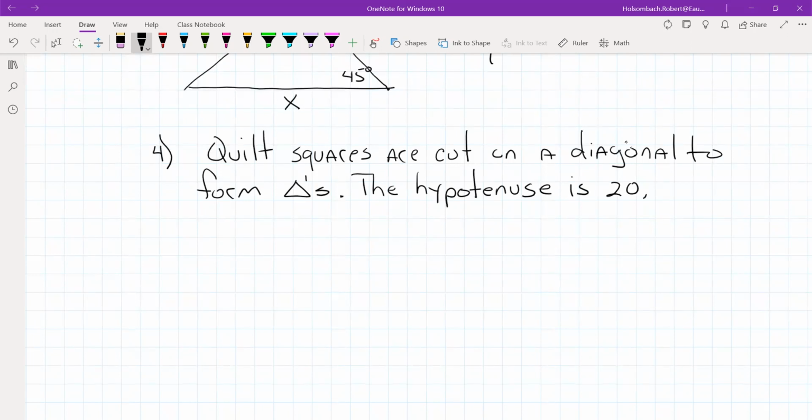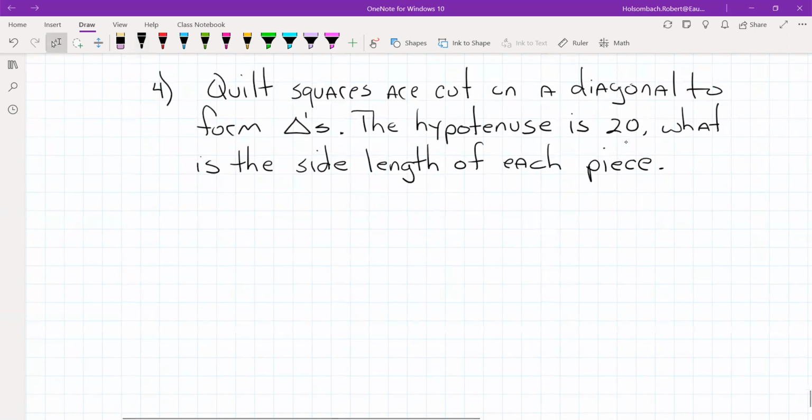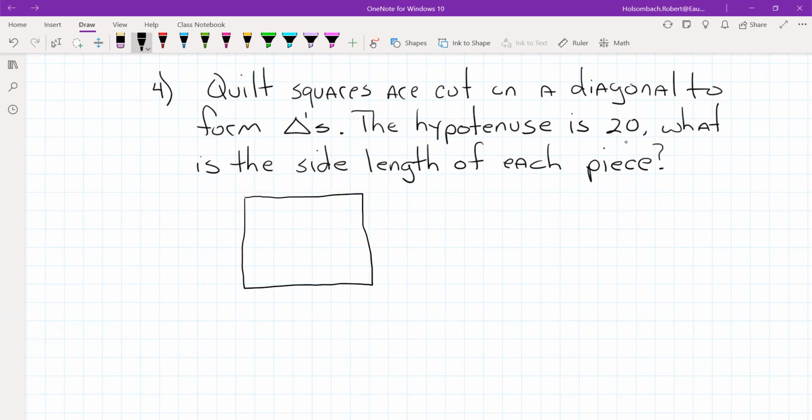What is the side of each piece? So exactly what they say, quilt squares. So if you got a square, all the sides are the same, right?